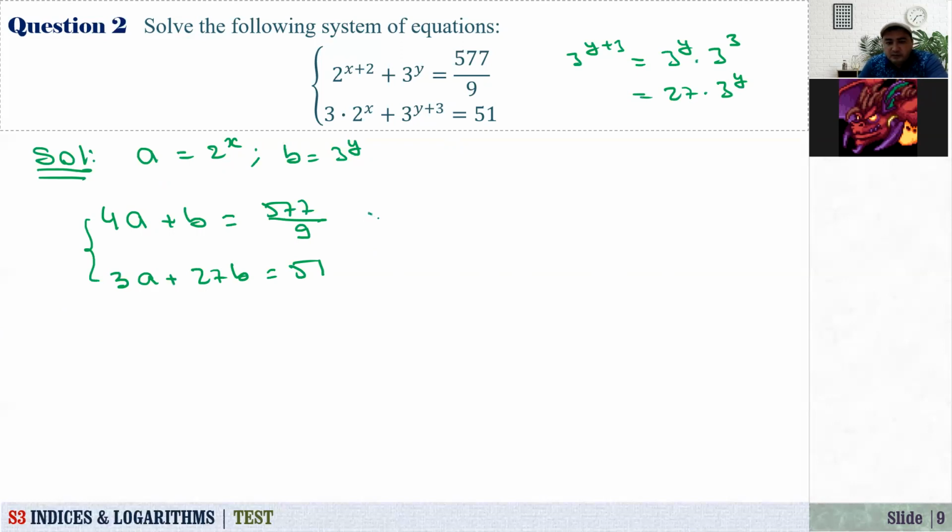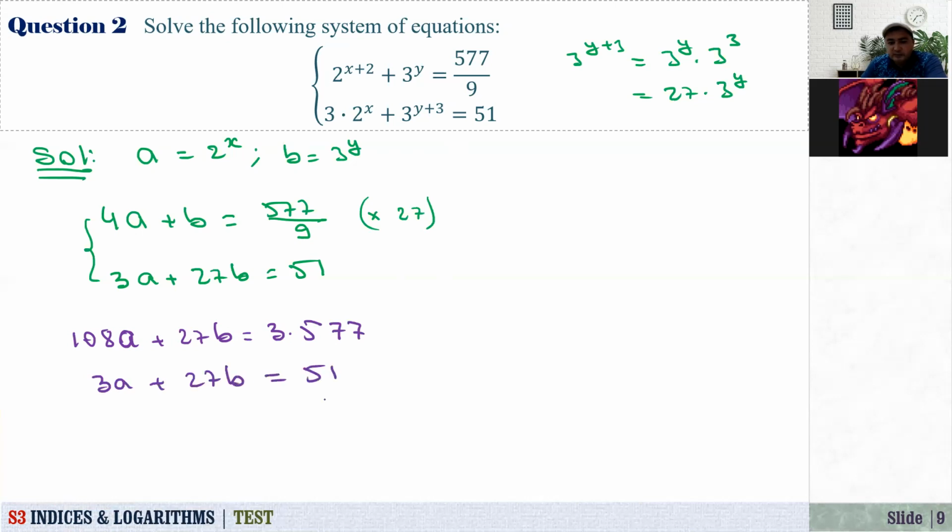I'm going to multiply the first equation by 27. 27 times 4 is 108, so 108a plus 27b, and 27 times 1 over 9 is 3, so here we have 3 times 577. The second one is 3a plus 27b.